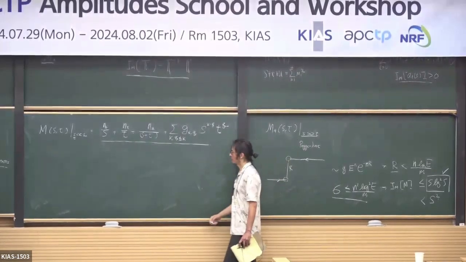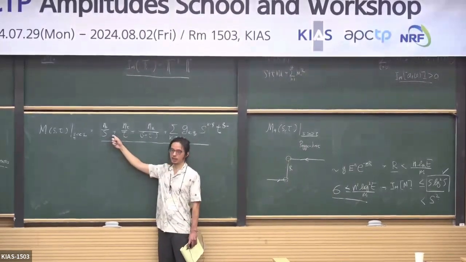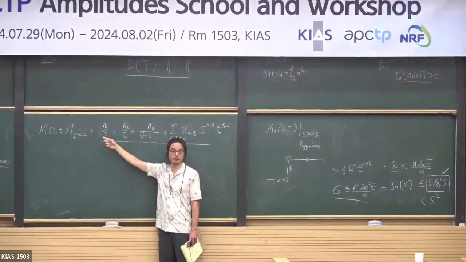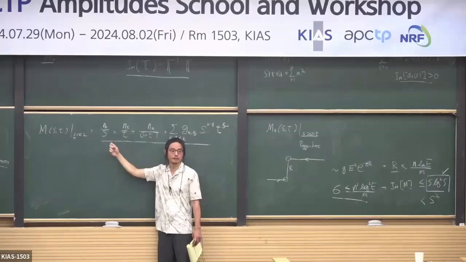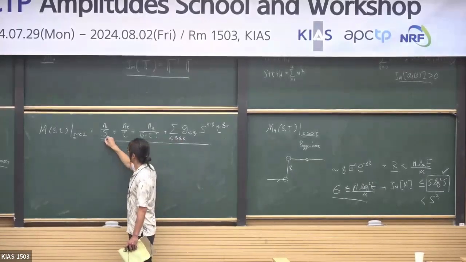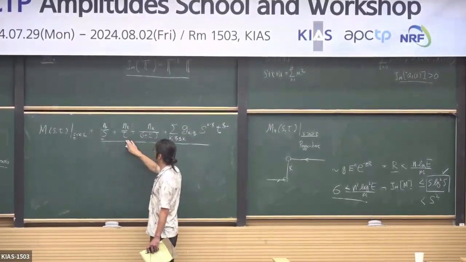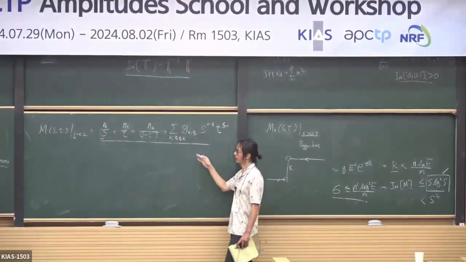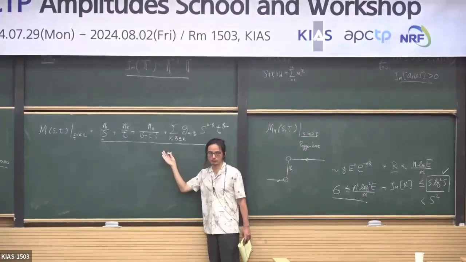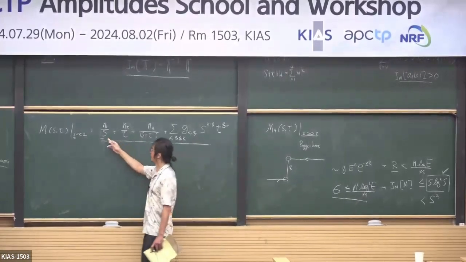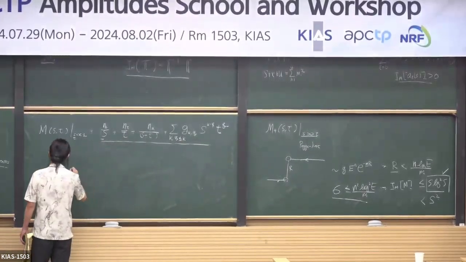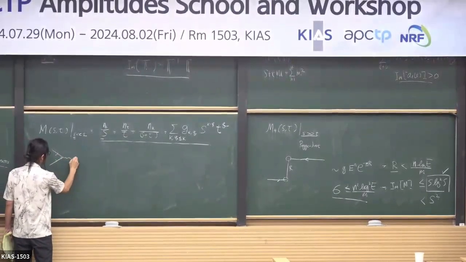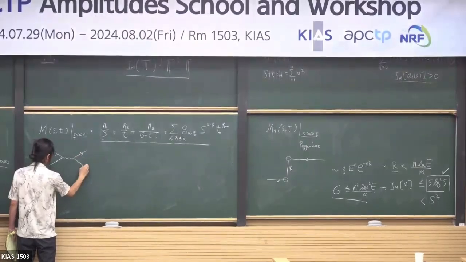Well, first of all, you might ask, why am I starting at 1 over S? Why not 1 over S squared? Why not 1 over S to the fourth or infinity, right? So first of all, the reason that you have 1 over S, 1 over T, and 1 over U is because most of you know that I'm going to think of this as a quantum field theory. And so these poles correspond to the process where you have two particles coming in, you produce an on-shell state, and then two particles are going out.